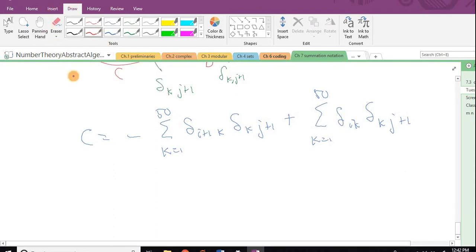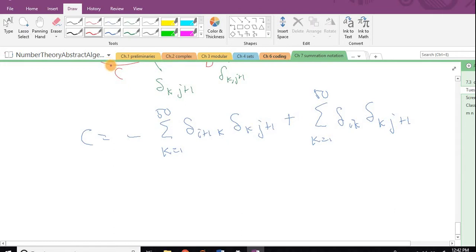The one equation was when I and j do not equal 50, and I said that was equal to the negative delta of I plus 1 comma j plus 1. And then when it does equal 50, because k can never equal 51, it will never equal 1.